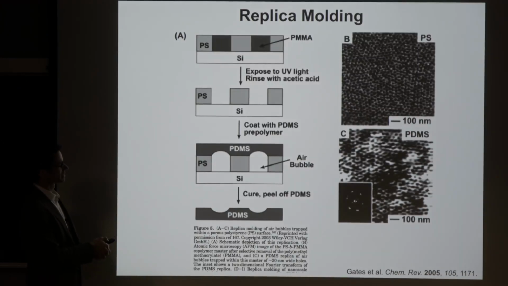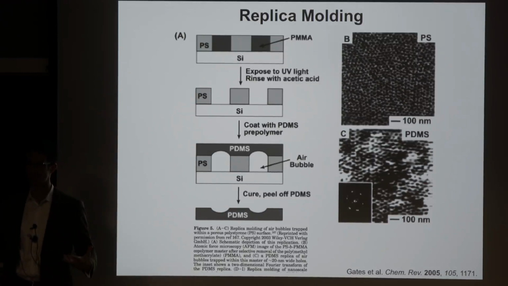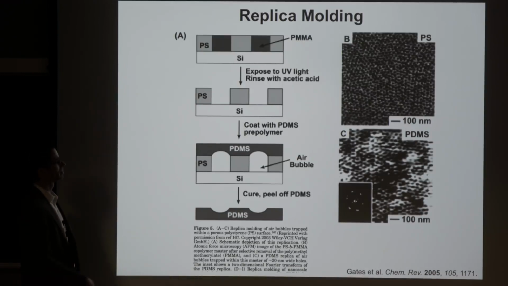So you can mold stuff. So this is a block copolymer film. This is polystyrene, and then PMMA. And what you do is you expose this to UV, and we know that PMMA behaves as a photoresist or electron beam resist. So you can get holes in this pattern, which look kind of like this.